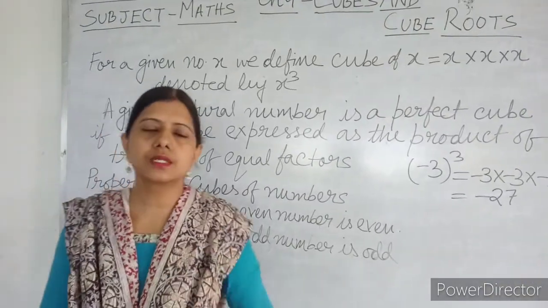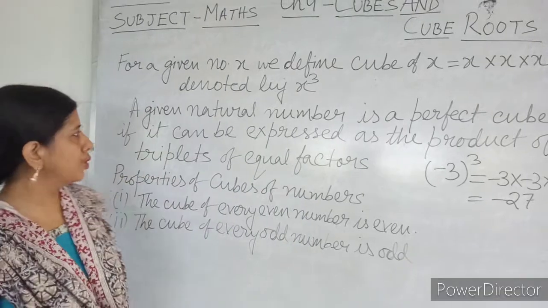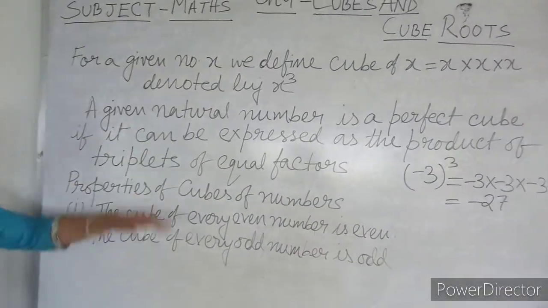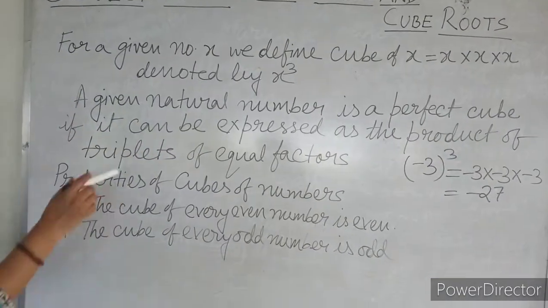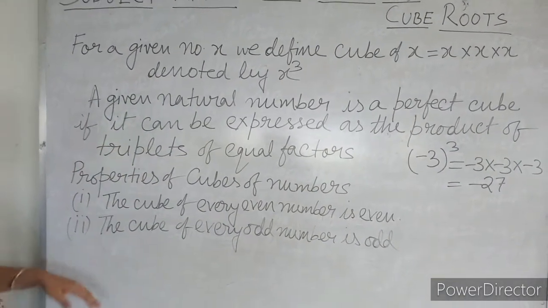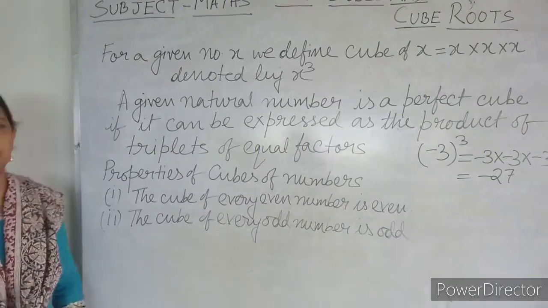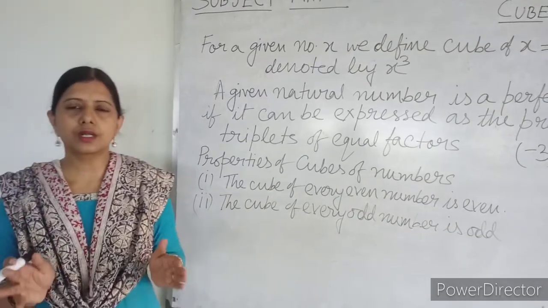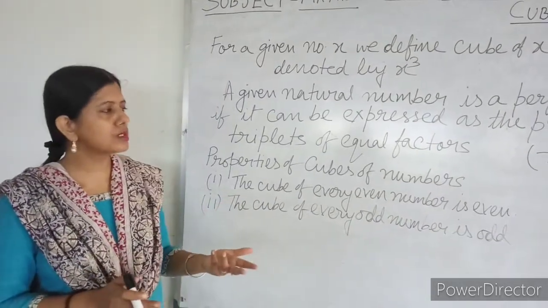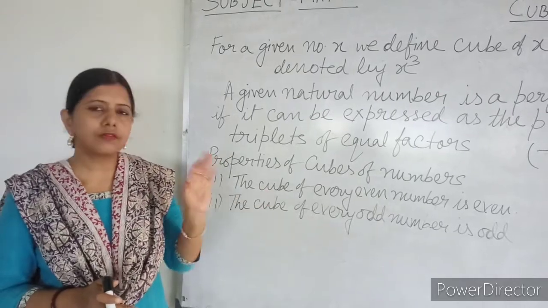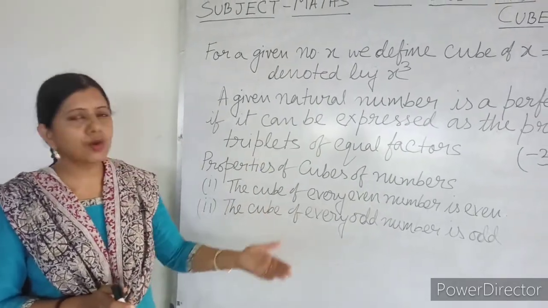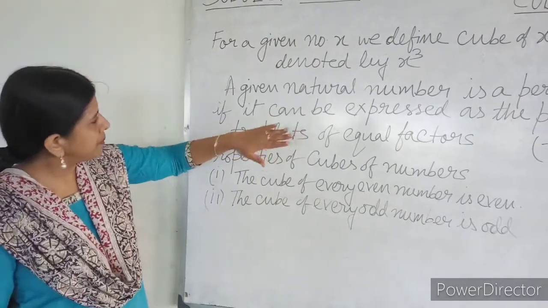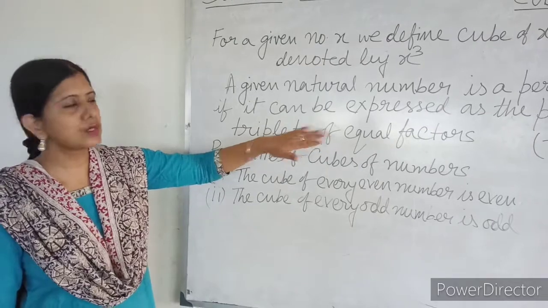Now certain terms related to this chapter you have to know, that is what is a perfect cube. A given natural number is a perfect cube if it can be expressed as the product of triplets of equal factors. If I factorize the number, the prime factors whatever I am going to get, if all of those are triplets of the same number, then that number is known as a perfect cube.